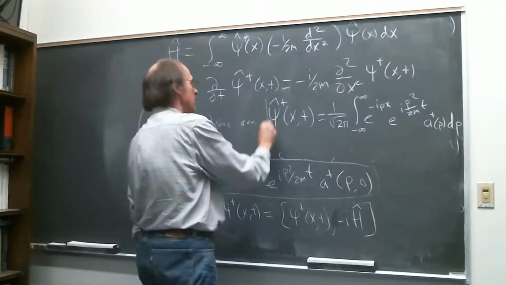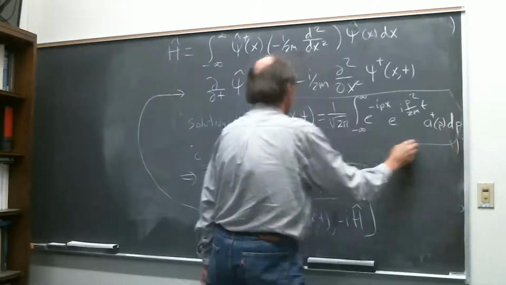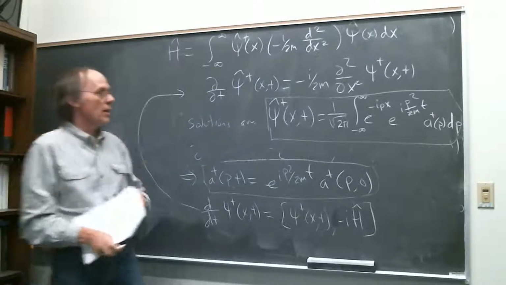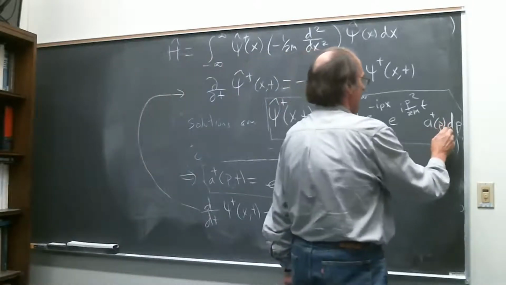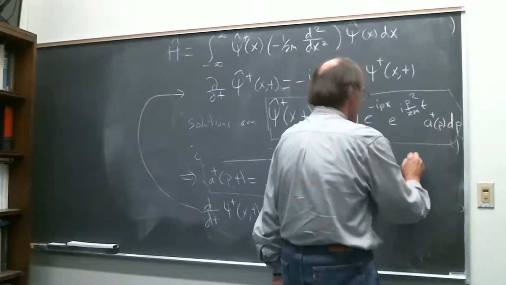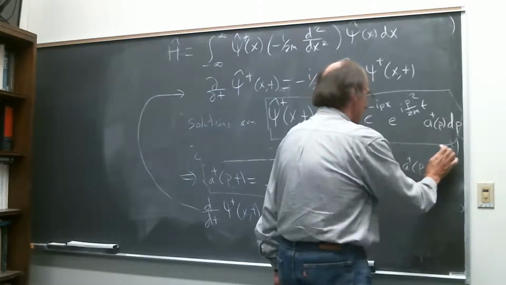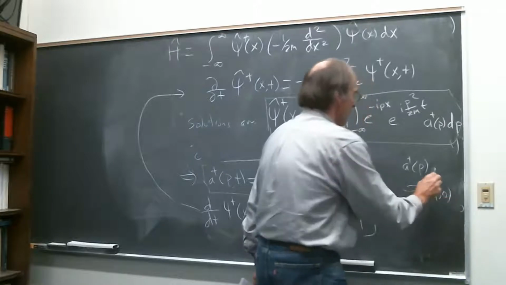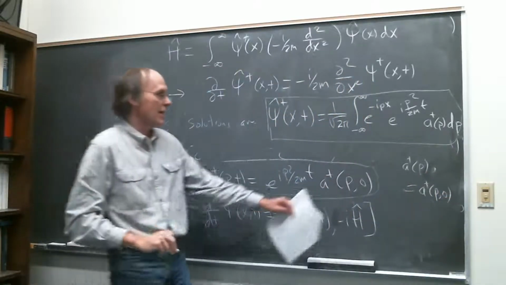And by a dagger of p, I mean the time dependent one at time 0.